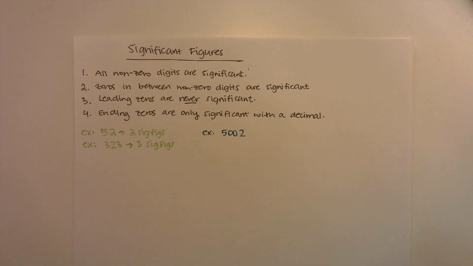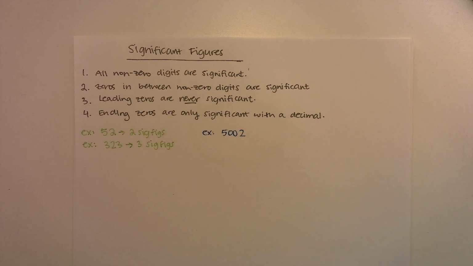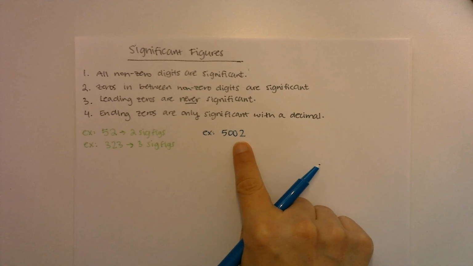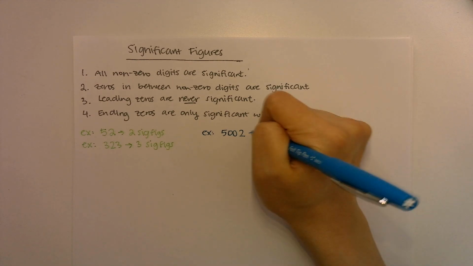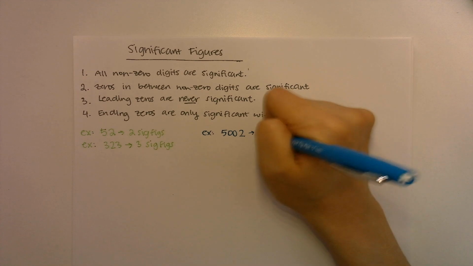Significant figures are all about whether or not a zero is significant, and it determines whether a measurement is precise. If we look at the numerical value 5002, these two zeros, since they're sandwiched in between two non-zero digits, do count. So I have 1, 2, 3, 4 sig figs.